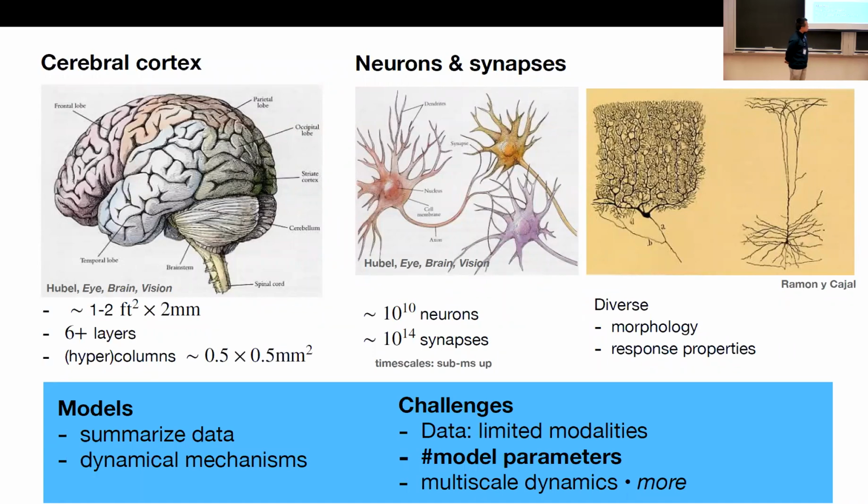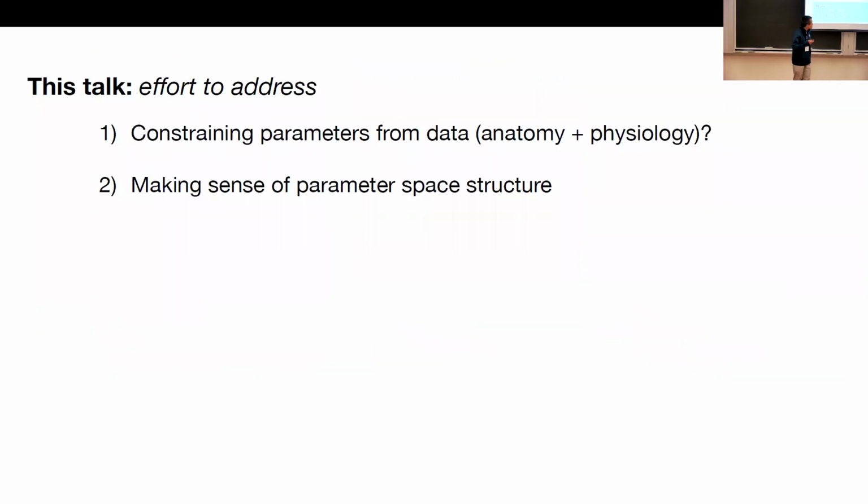Compared to a modern neural network, obviously the number of parameters is pretty small. Nevertheless, there's still a lot of them, so you have to worry about all the usual problems of overfitting and so on. And in the end, you want to be able to rationalize this parameter space. You'd like to explain what's going on; you actually want to do biology. And then multi-scale dynamics and a lot of other things.